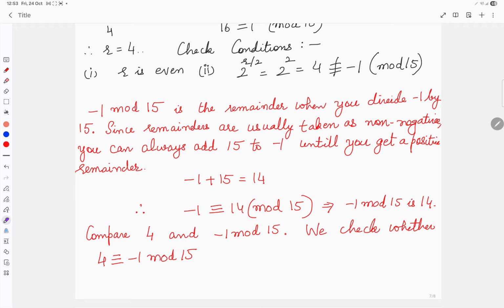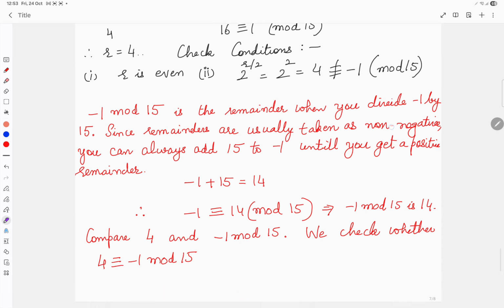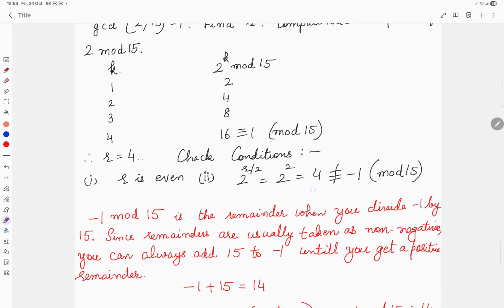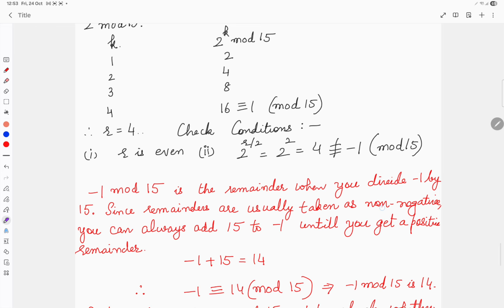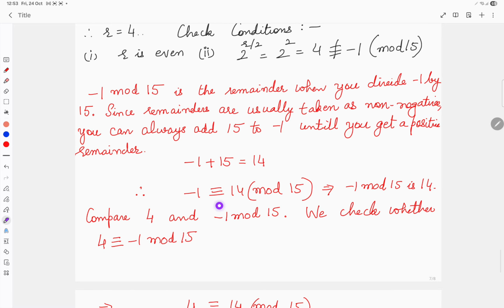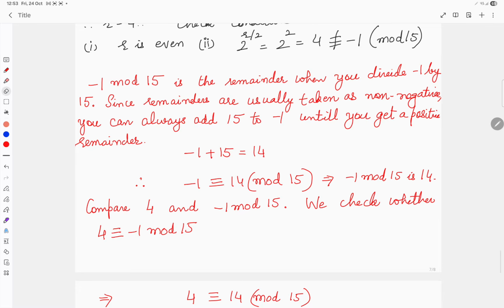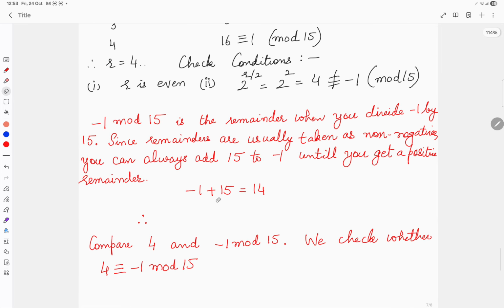So minus 1 mod 15 is actually 14 when we add 15 to minus 1, right?